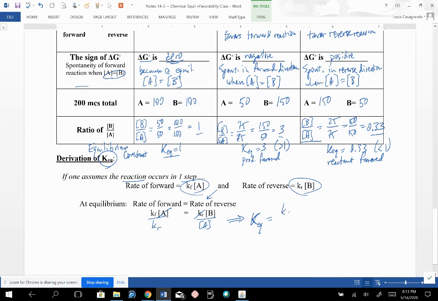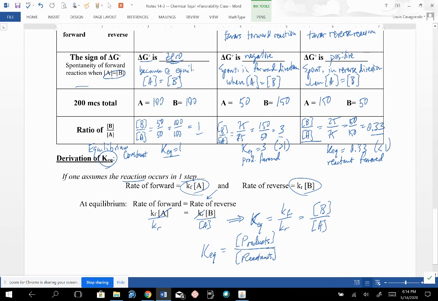It's the ratio of the forward rate constant to the reverse rate constant, or it's the concentration of the products over the concentration of the reactants. Sorry, that should be an A. And in fact, that's how we often write it. We often write that KEQ is equal to the concentrations of the products over the concentrations of the reactants.